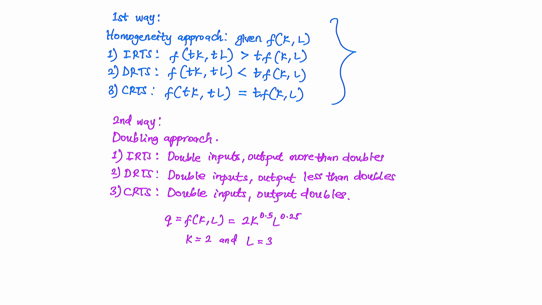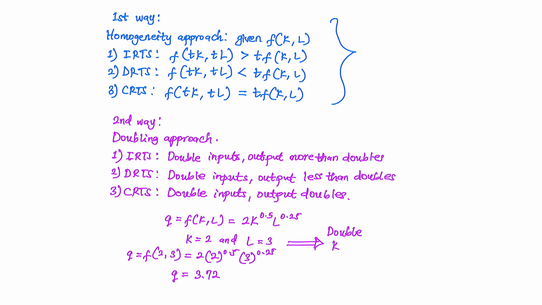So if we put in these values, Q is a function of capital, which is 2, and labor, which is 3. Anywhere we see K, we put in 2, and anywhere we see labor, we put in 3. When you input this and solve it using your calculator, you will have quantity equals 3.72 approximately.